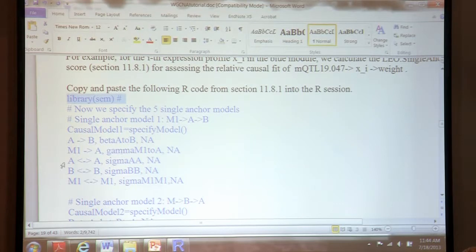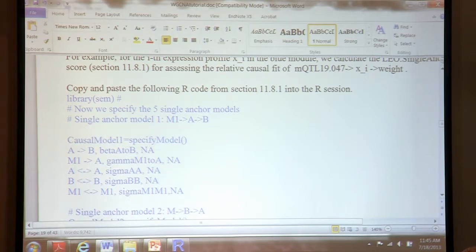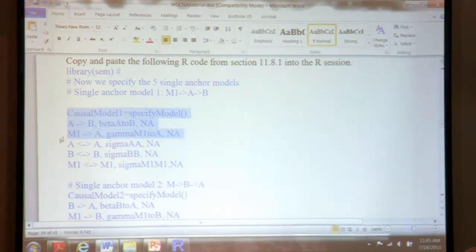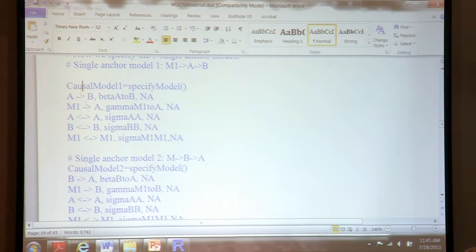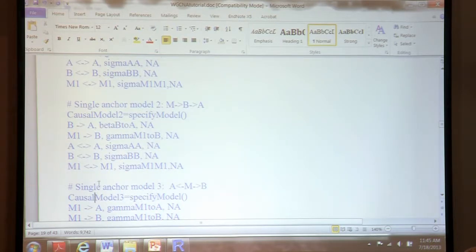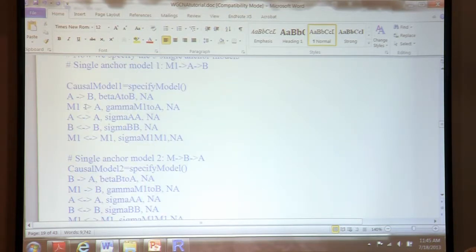Now the other thing that is required when you evaluate these causal models is you have to specify the causal model. And so there is an R command within the SEM package called specify model. And here I have these 5 causal models, and for each causal model I need to specify it. So this is causal model 1, causal model 2, and so on.